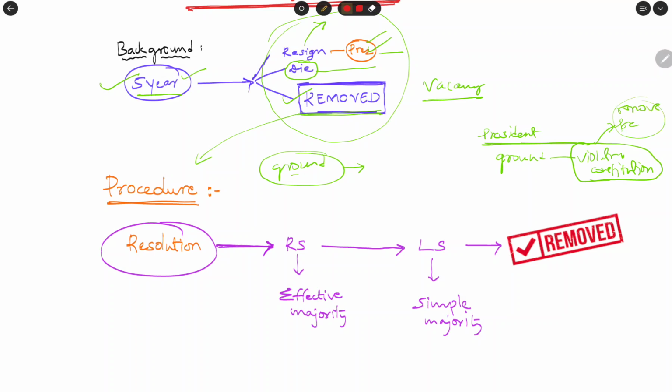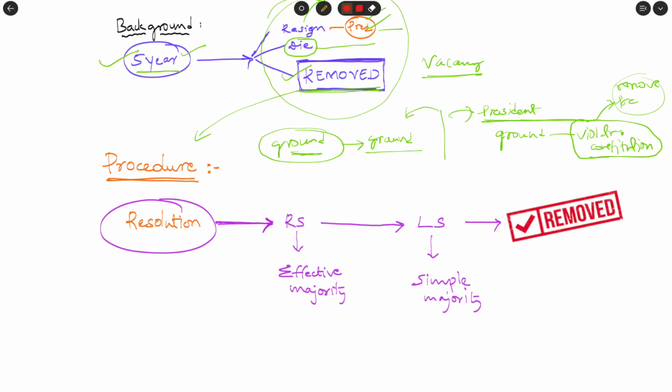But in the case of the Vice President, there is no ground or reason mentioned to initiate the removal. This is one thing we need to note, and this is the difference between the President and Vice President removal procedures. But it does give the procedure for removal.